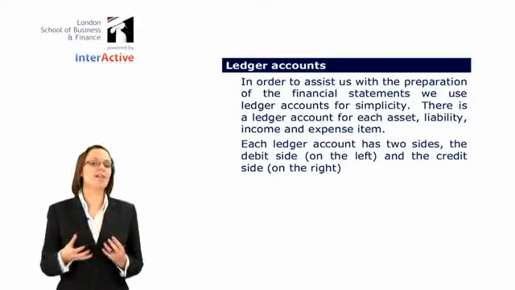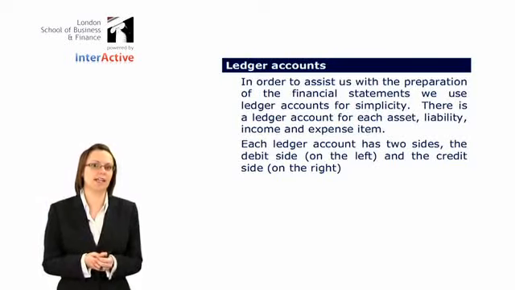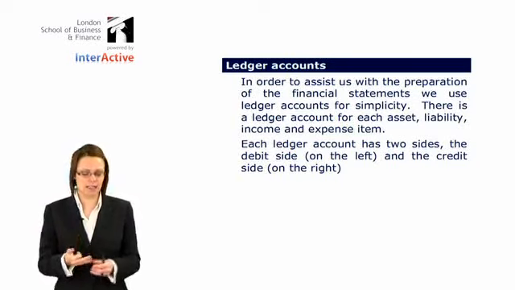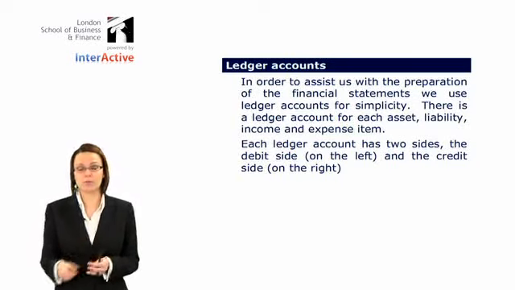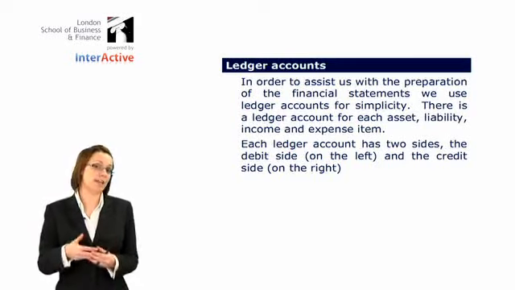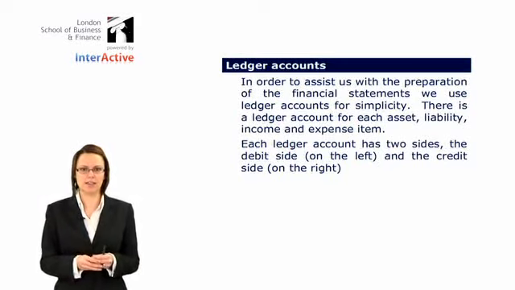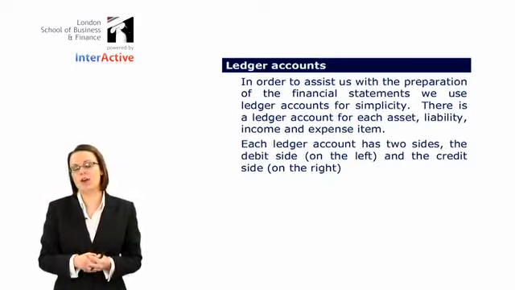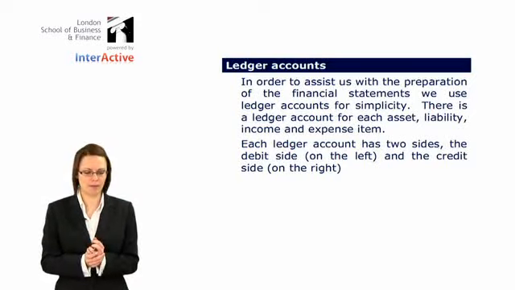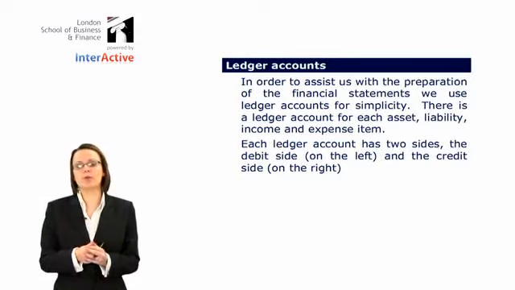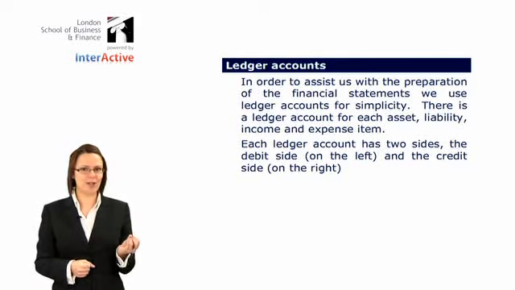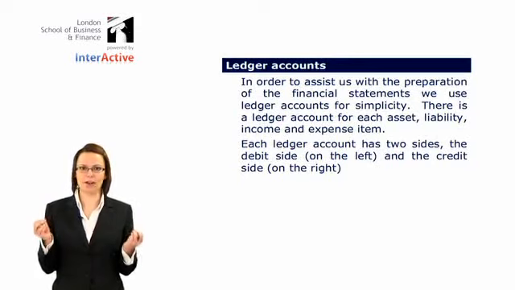Essentially, we're going to have this idea of an account or a ledger account for every individual type of asset, liability, and also our capital, but also items that will go into our statement of comprehensive income, namely income and expenses. Remember, we have 5 categories in our financial statements, or 5 different elements to our financial statements. Okay. Now, for each ledger account that we open up, it's essentially going to have 2 sides, a debit side on the left and a credit side on the right.